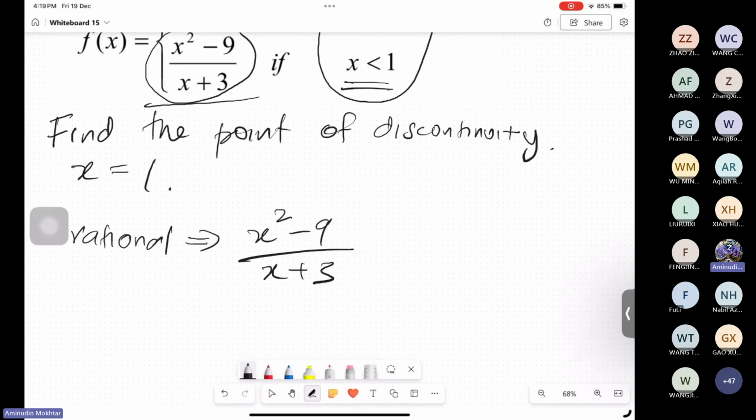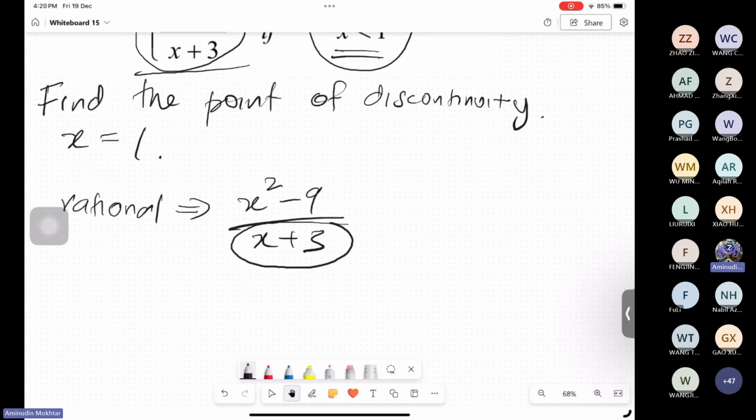Since f(x) has a rational part, we need to check the denominator. Is there any value of x that results in the denominator equaling 0?